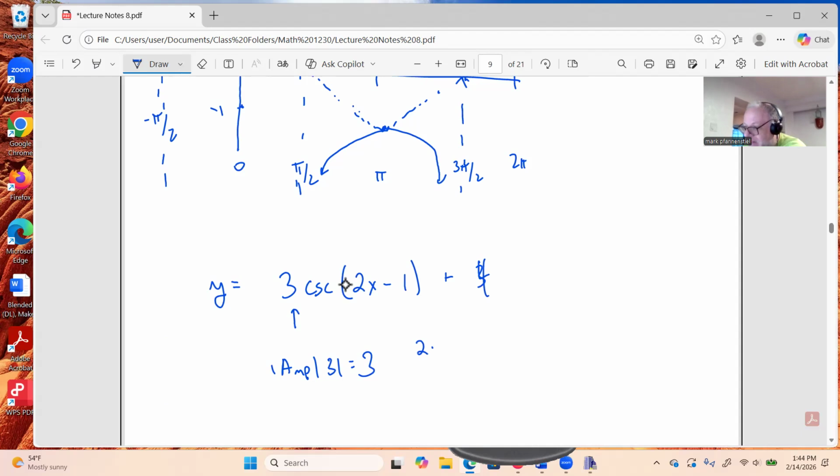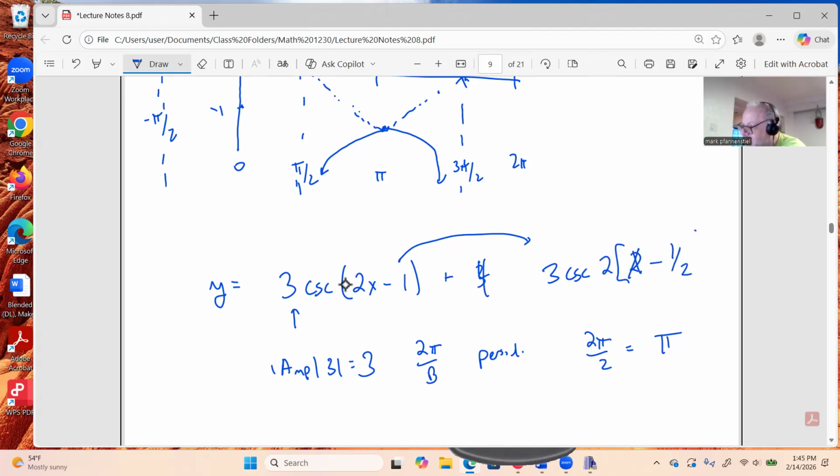We still have 2 pi over b as far as my period goes, so this is 2 pi over 2, which is a period of pi. We have a phase shift. Remember, what we have to do with phase shift is bring that 2 out. So we have 3 cosecant of 2 times x minus 1/2. We still have a phase shift of 1/2 radians.